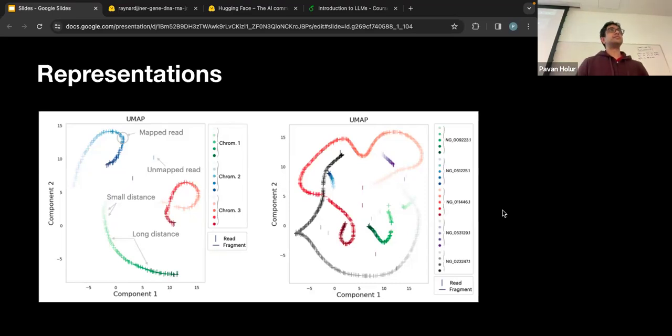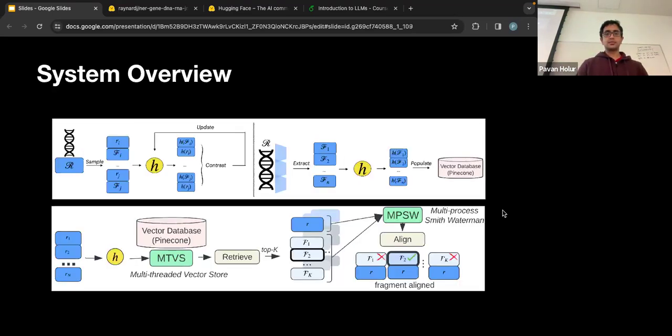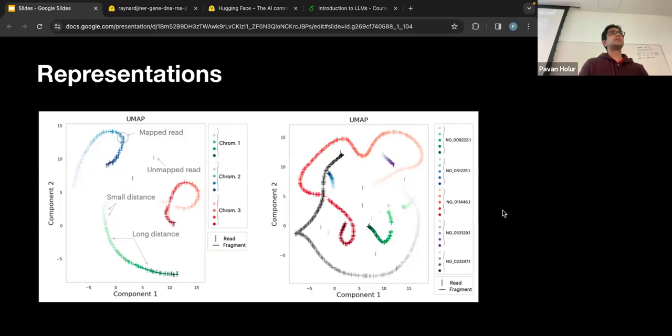Question. When you use your model, what do you do if you have a read that has no exact match? The way it's done is we just provide the best top K candidates as the matches.